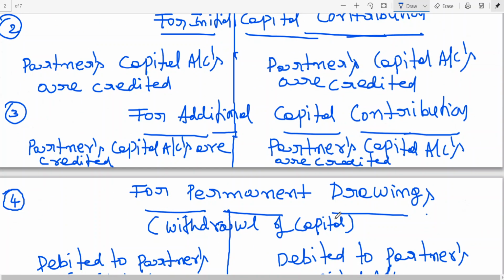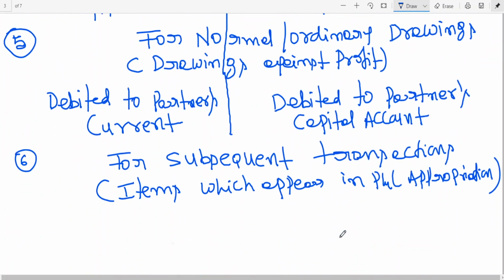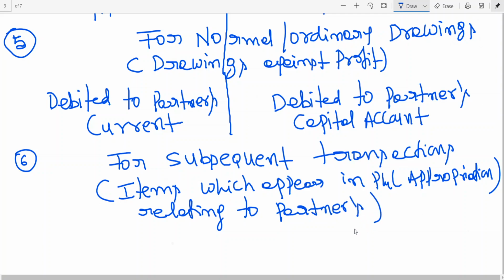Except the transfer of net profit, the items appearing in the P&L appropriation account relating to partners are important. What are the items related to partners?